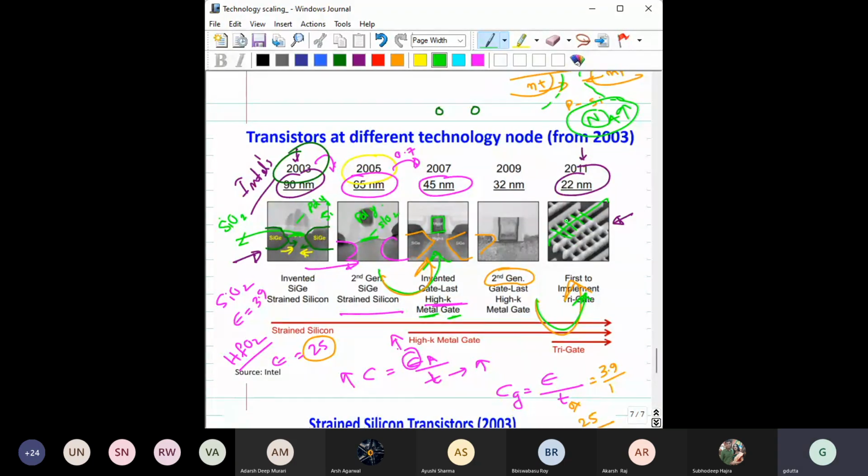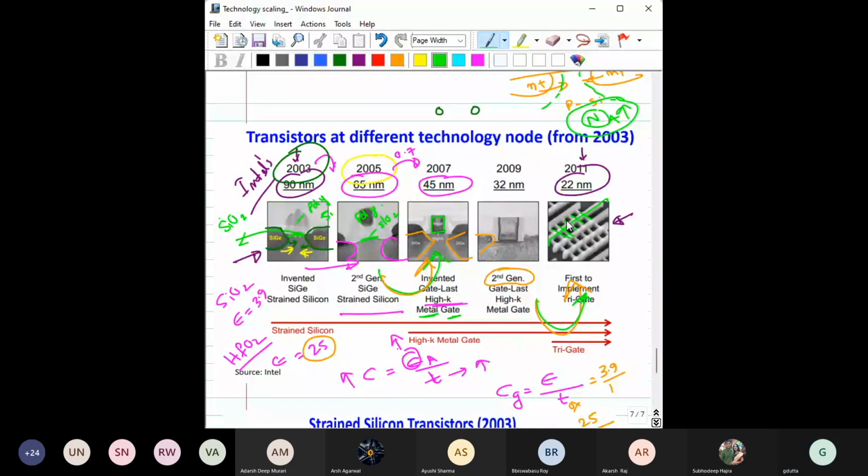Maybe if time permits, not today, I will show you a better schematic diagram. This is an actual diagram. It looks complicated, but if you have a schematic diagram, then you can correlate with this. But remember, now the transistor is no longer flat, source, drain, gate. No, it is like this. Gate is coming like that. It is now completely 3D.